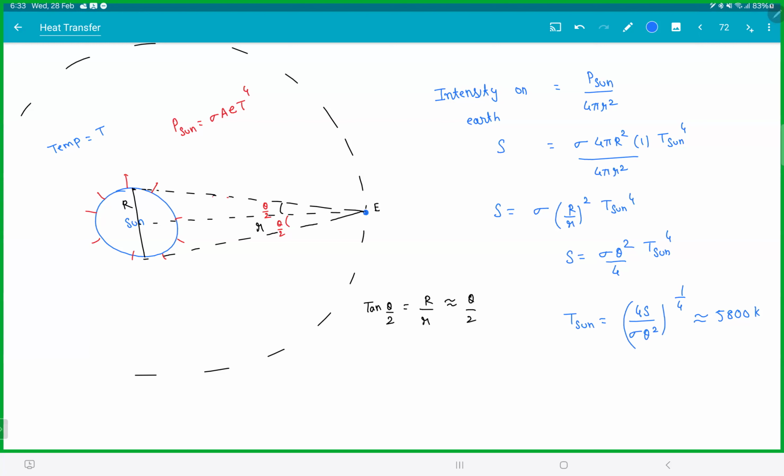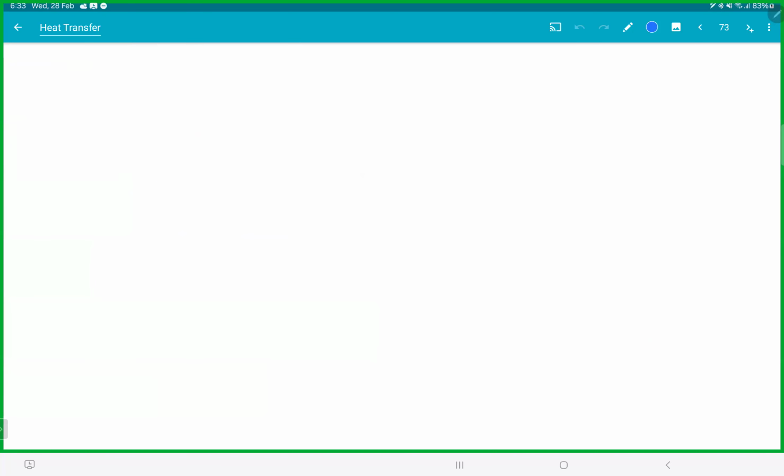Now in radiation, another part is Wien's displacement law. Going ahead, any doubts on this page, please ask me. Perfect. So what Wien's displacement law says is, we keep on saying a body emits radiation, great, but what about the wavelengths?